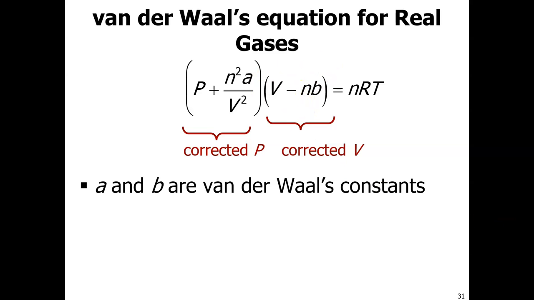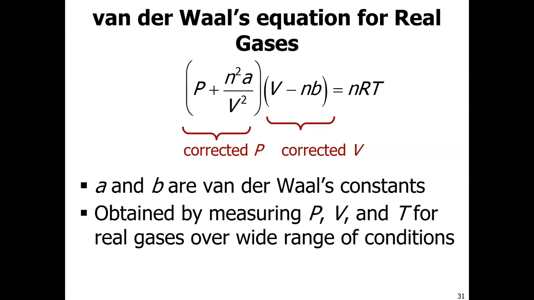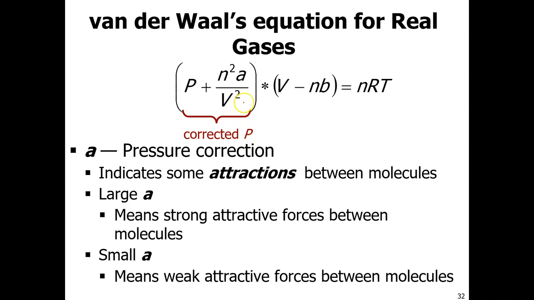And so these are going to be basically figured out and obtained by measuring the pressure and volume and temperature for real gases over various ranges of conditions to see how they change compared to the ideal gas law.